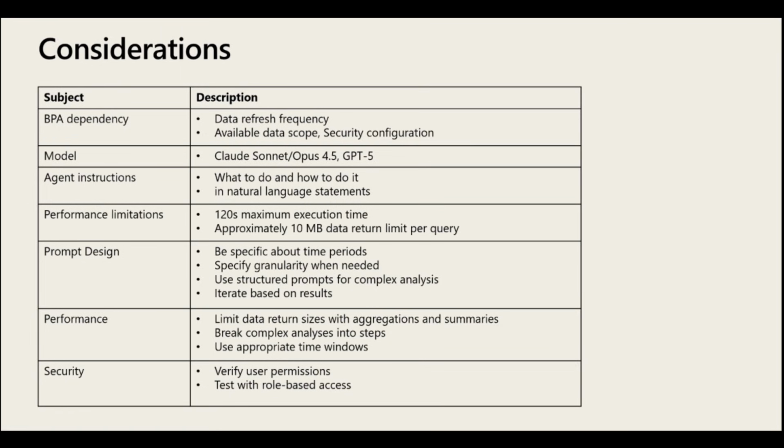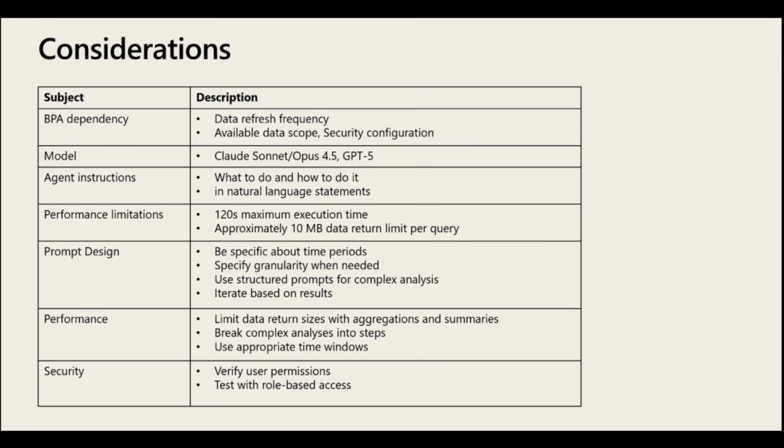Approximately, we have a 120 seconds maximum execution time. So as the query is getting too big, we need to make that query smaller and run more specific prompts. So having more steps and not one huge one, so that we really get a quick execution time, and approximately 10 megabytes of data per query at the moment in the public preview.